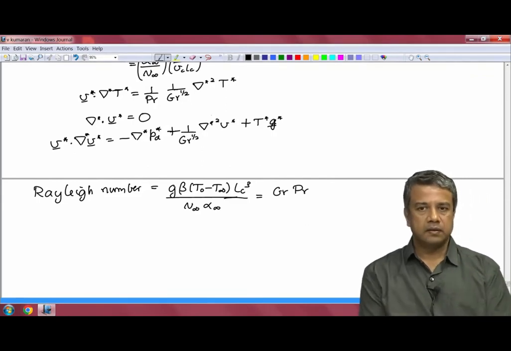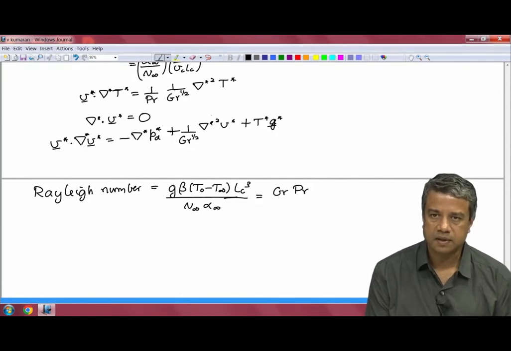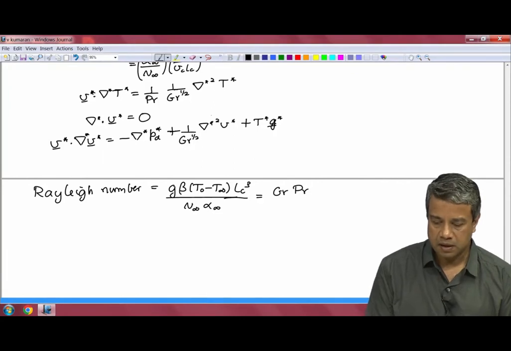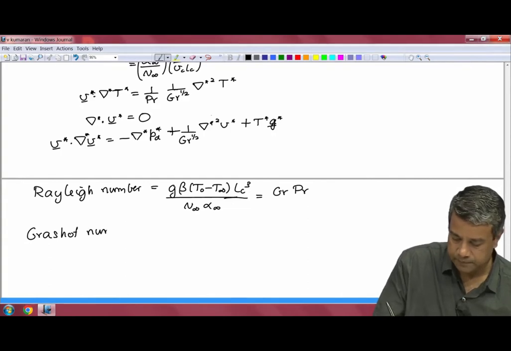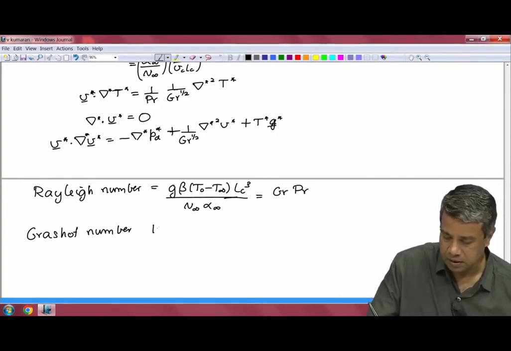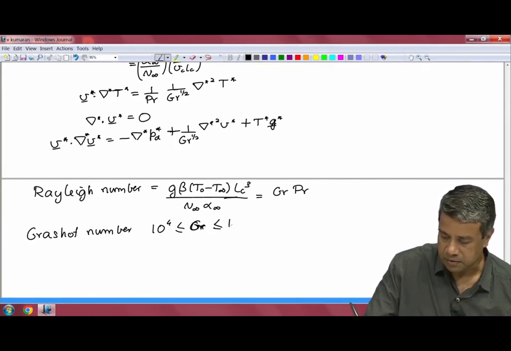Now, in our discussion of dimensionless groups and correlations, if you recall, we had actually evaluated numerically what is the Grashof number, and the Grashof number ranges typically in the range 10 power 4 less than or equal to the Grashof number less than or equal to 10 power 9.